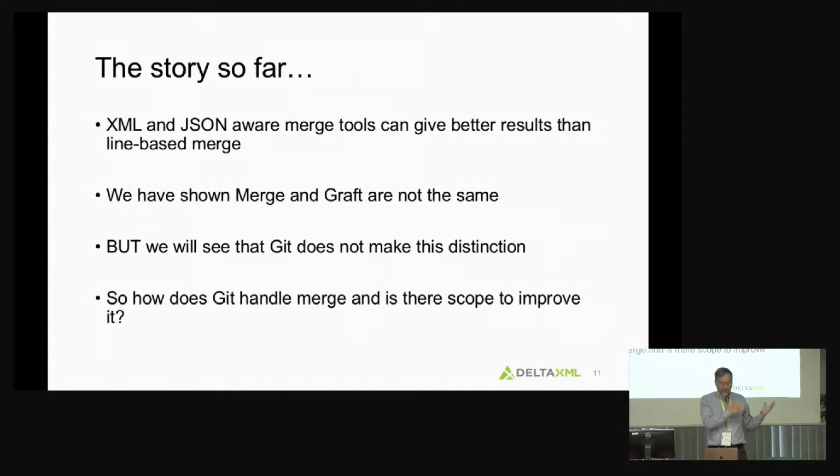But, as Nigel will move on to explain, Git doesn't quite see it that way. It doesn't make that distinction. So can we perhaps either force it to make that distinction, or can we, in some way, improve the situation for XML and JSON within the Git scenario?